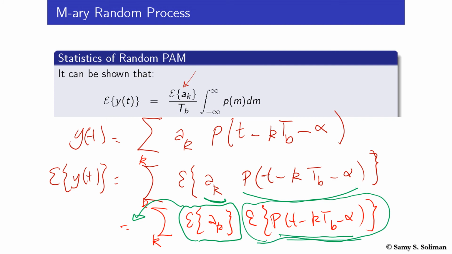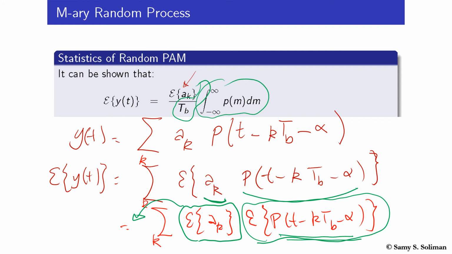Since alpha is uniformly distributed, it has a probability density function of 1 over T_b. So this is the term that is taken outside here. And we are left with the integration, or the expectation, of the pulse p(t minus kT_b minus alpha), which can be simplified as the integral of the pulse p(m) dm, where m is an arbitrary parameter to indicate the integration of the pulse p(t) over the whole duration.